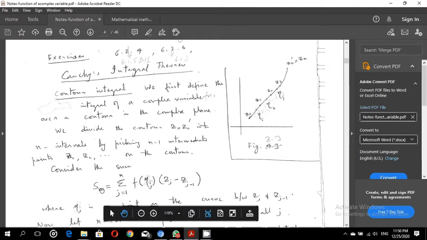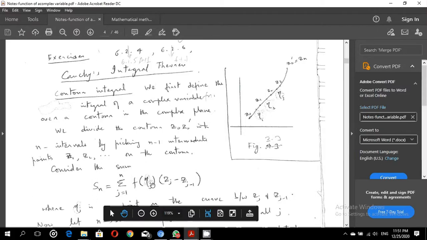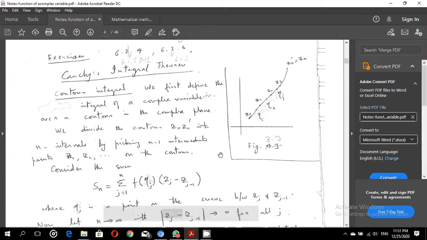And let us consider this sum. What is this sum? We have taken the value of the function at a point in any interval. Here it is the jth interval, and we have multiplied this with the length of the interval, which comes out to be zj minus zj minus 1, and then we have taken this product summed from j equal to 1 to n.